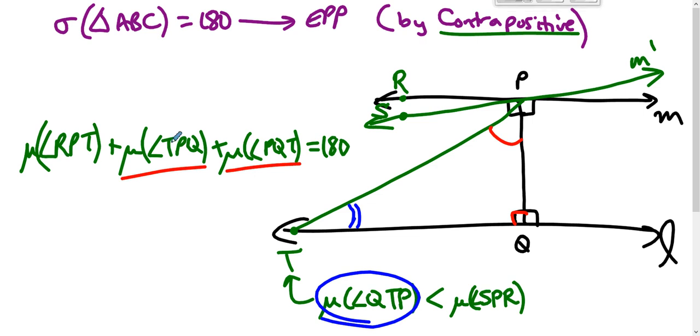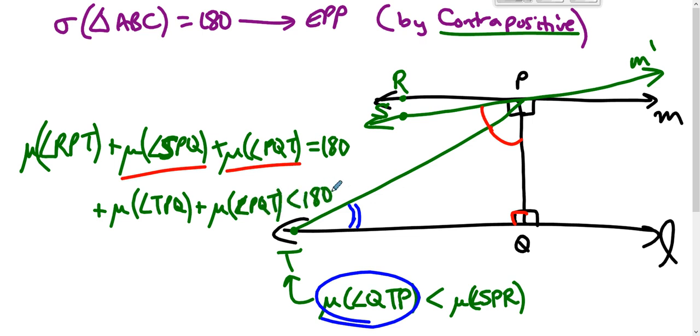I'm so sorry. That's an S. So now what do we know? SPQ is bigger than TPQ. So if we replace SPQ with TPQ, this equals turns to less than.